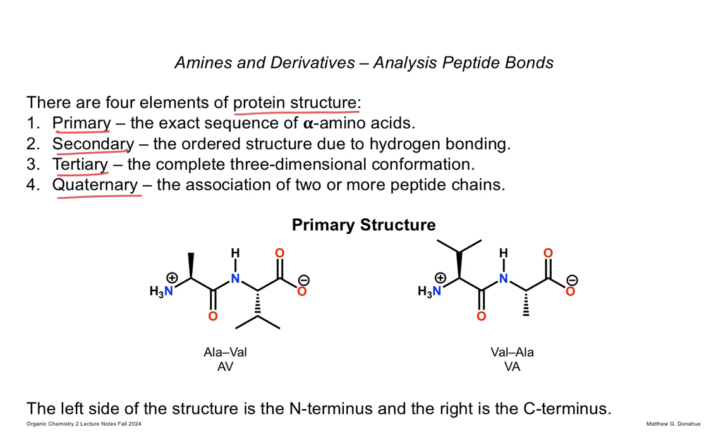The secondary structure arises due to hydrogen bonding between the amino acids. As you grow these things out in a line, we know that sigma bonds can rotate. So there'll be rotations happening, and things will sort of backbite on one another so they're closer together, and they'll associate through hydrogen bonding. The tertiary structure is the complete 3-dimensional conformation. And then quaternary is the association of 2 or more peptide chains.